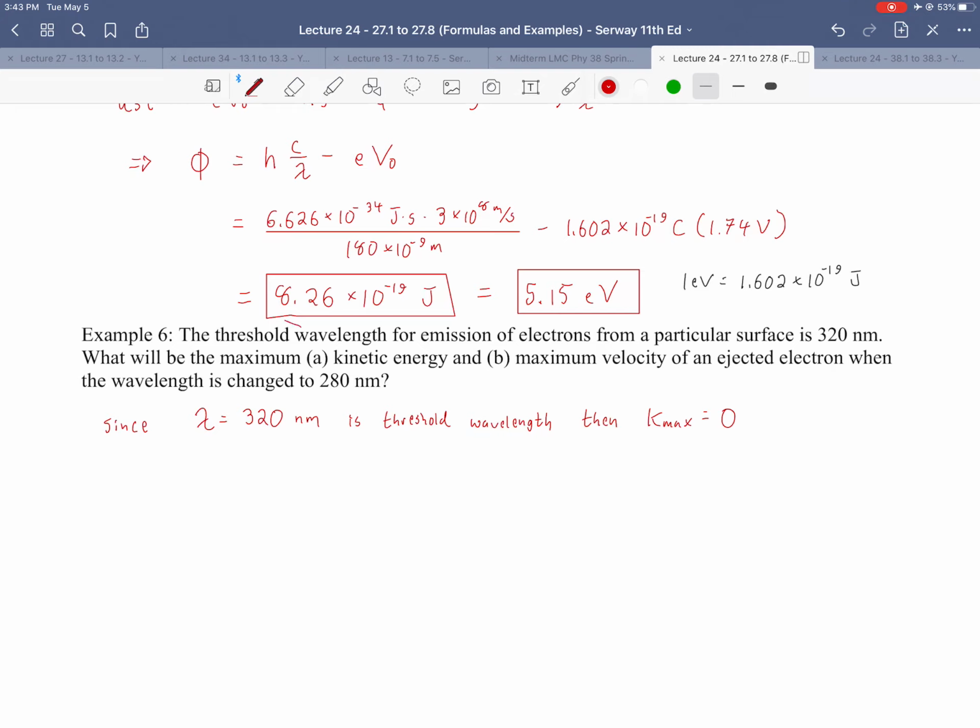On the other hand, when you're applying a threshold wavelength, that means that you've freed the electrons, but all of the energy of the photon went to the liberation process, and there wasn't any left over for kinetic energy. It's where hf exactly equals phi.